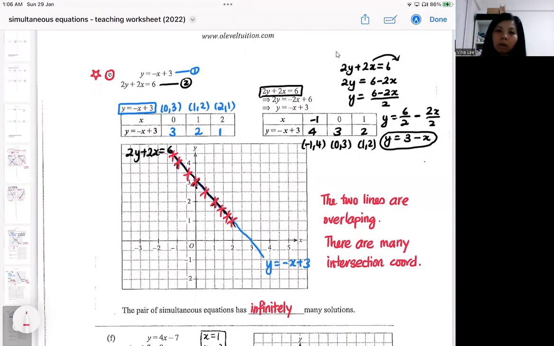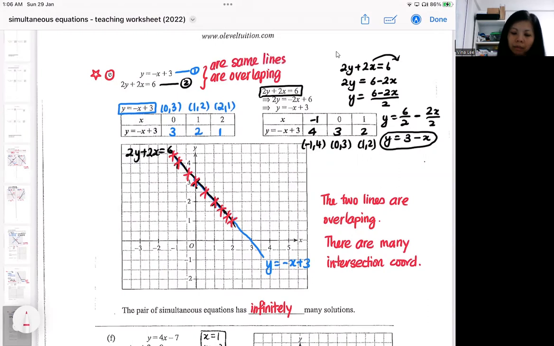So this will be one of the higher order questions that they will test you. In what situation will you have infinitely many solutions? You will have many solutions when the two lines are overlapping, or essentially the two lines are the same line. Okay, so it is also one of the extreme cases.